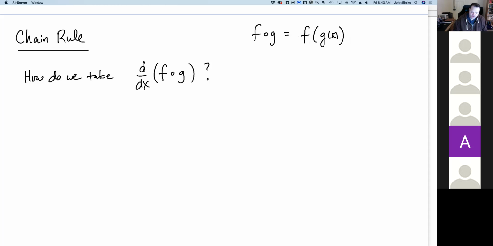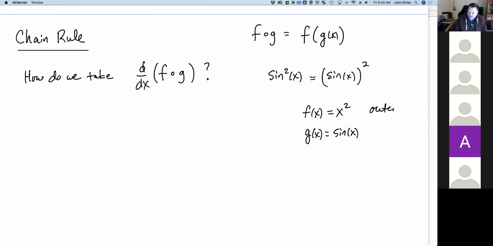For instance, if I looked at the function sine squared of x, that's the function sine of x sitting inside a square, which is the same thing as saying the outer function is x squared, and you've plugged sine into that function.